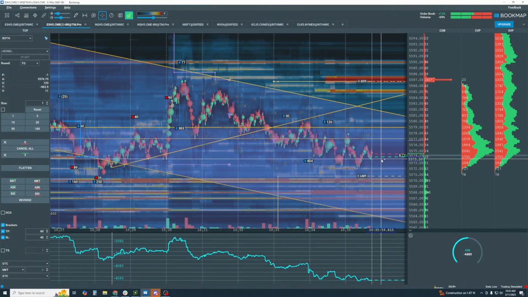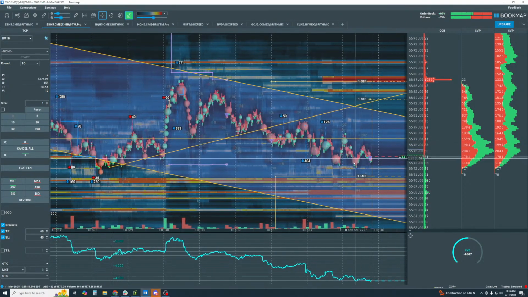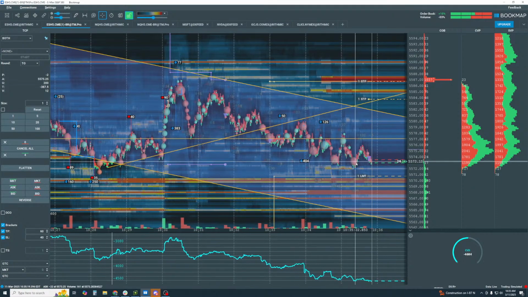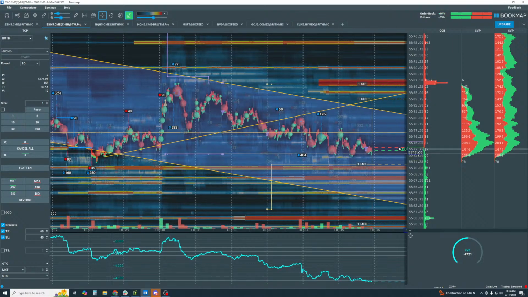And we're going to add in on this one here, I think. Right there, we're making lower highs and slightly lower lows, and we see more sell volume on the lows here. So still looking for that continuation.